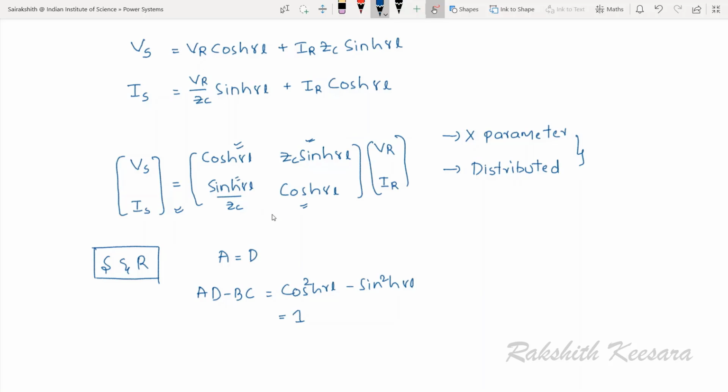But in terms of these hyperbolic functions, it is somewhat complicated to analyze. So in the next lecture, we will simplify this into the T model and pi model by using Taylor series.